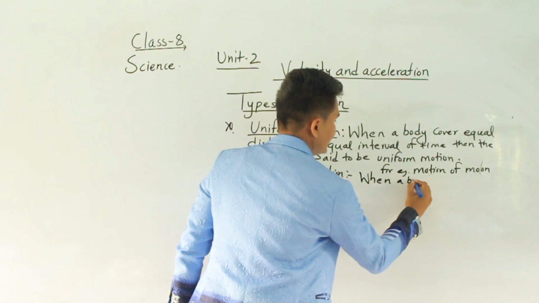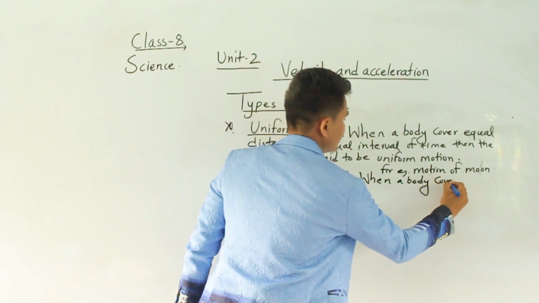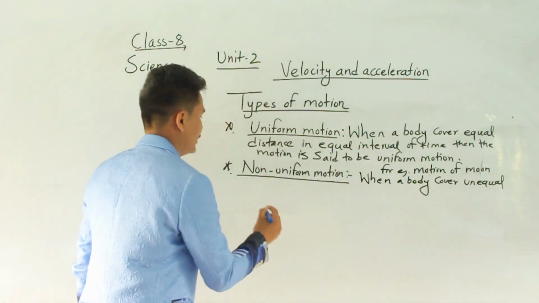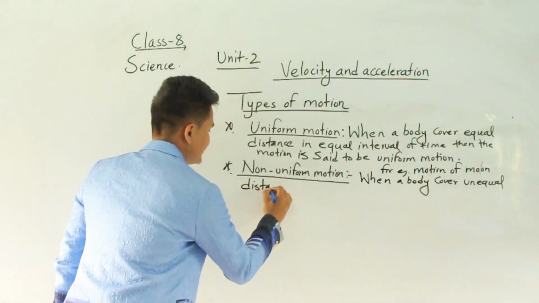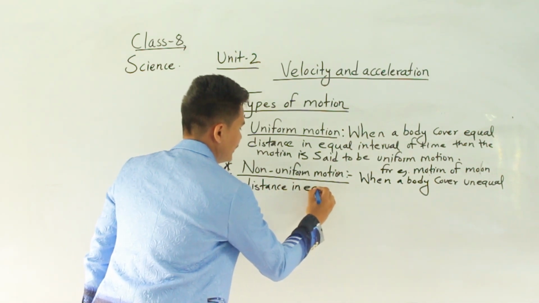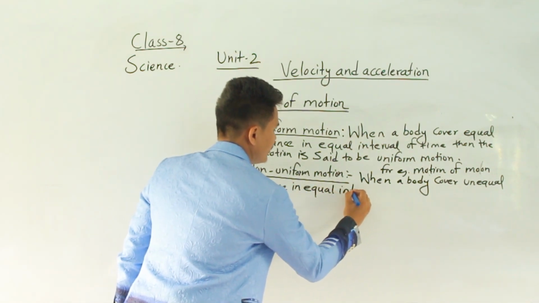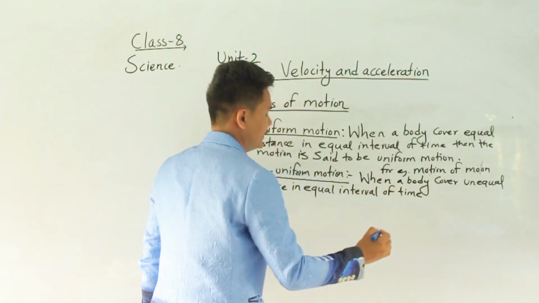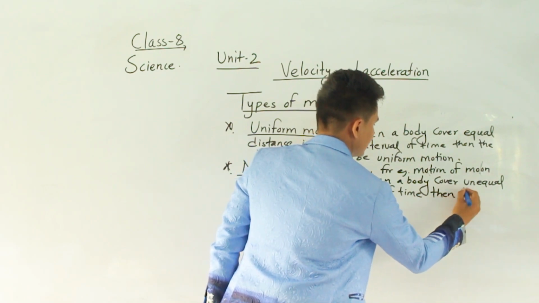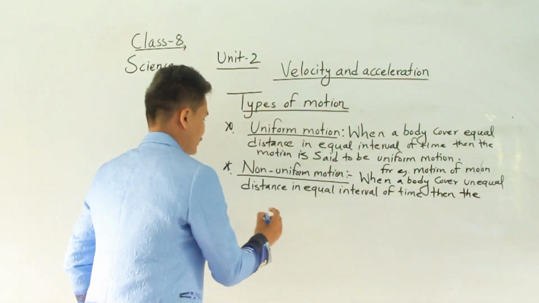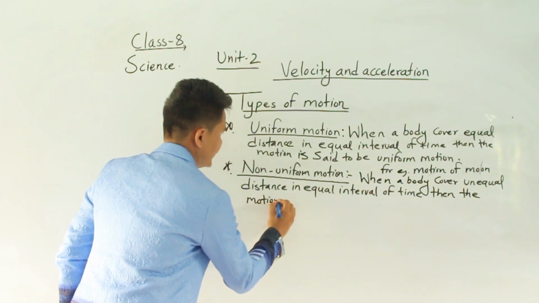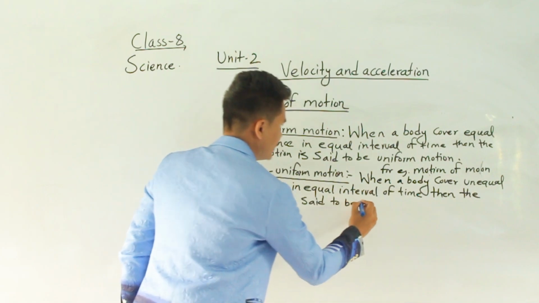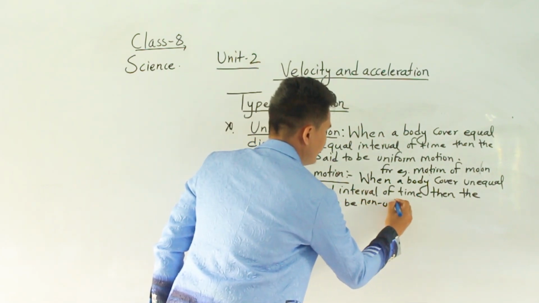When a body covers unequal distance in equal interval of time, then the motion is said to be non-uniform motion.